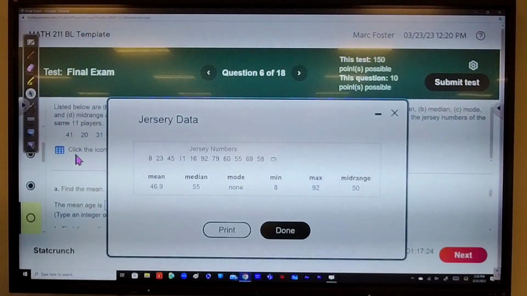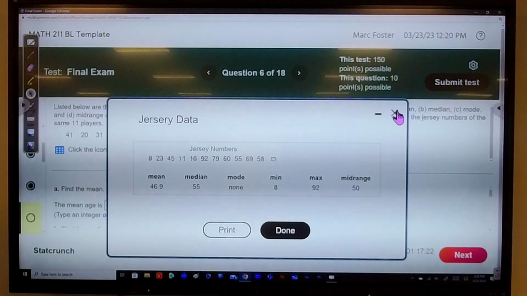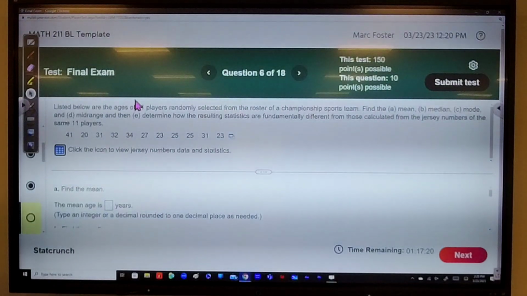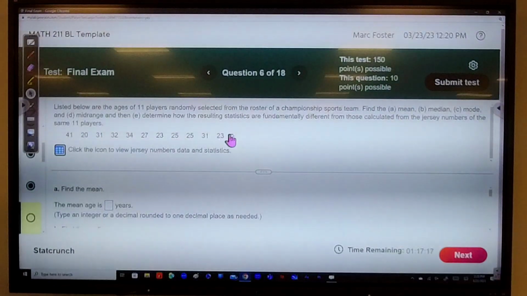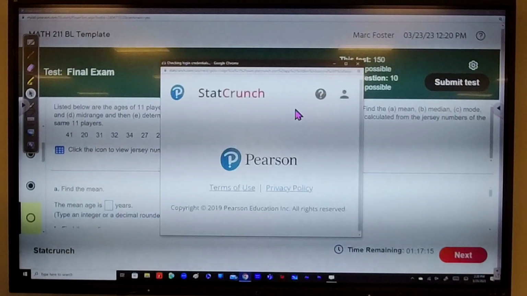Let's see what it says. Useless though, right? Okay. So I can open this in StatCrunch.